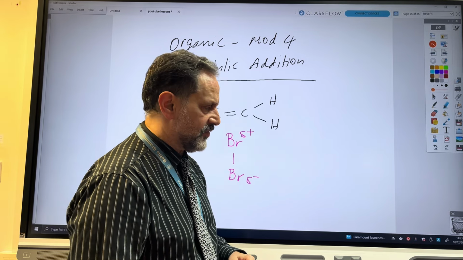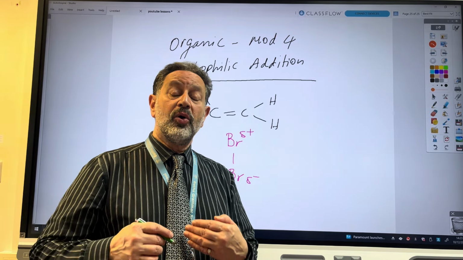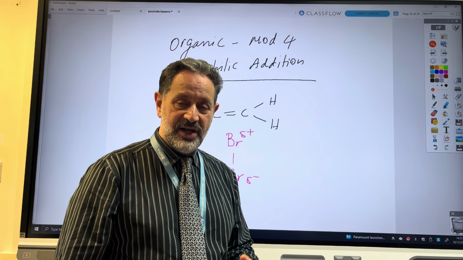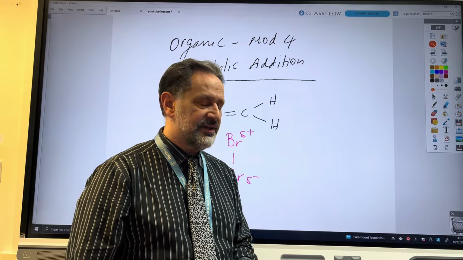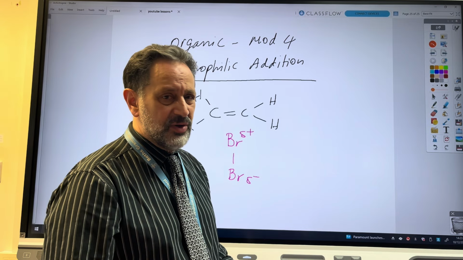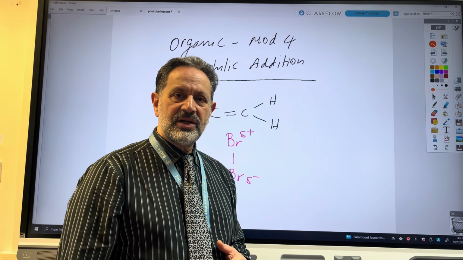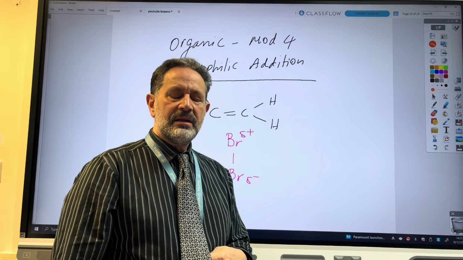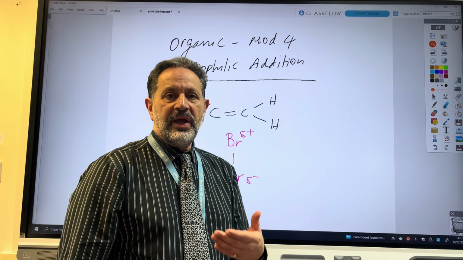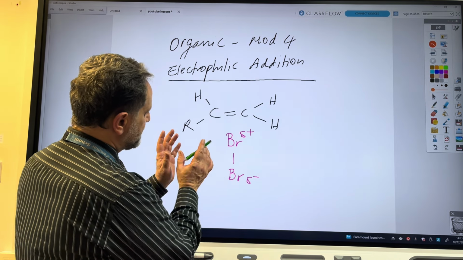Partially, not totally, of course. That is referred to as its polarizing properties. It polarizes the bromine even further, making it delta plus, delta minus. So we don't just need to rely on intermolecular forces and London forces to explain why bromine becomes a dipole. But nonetheless, this is the situation.